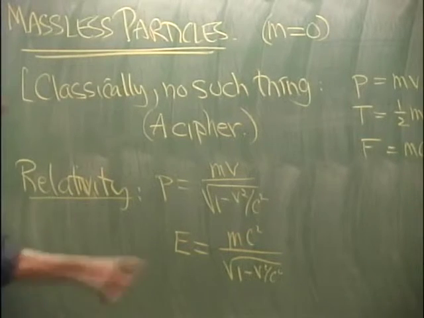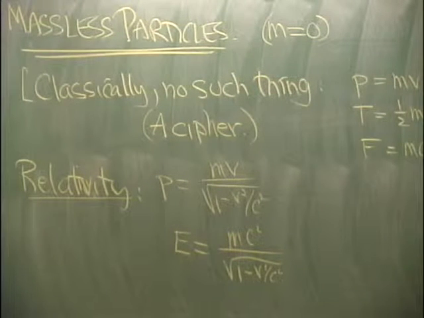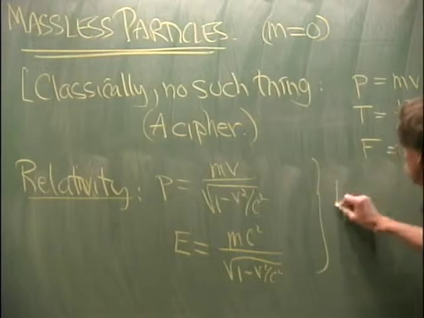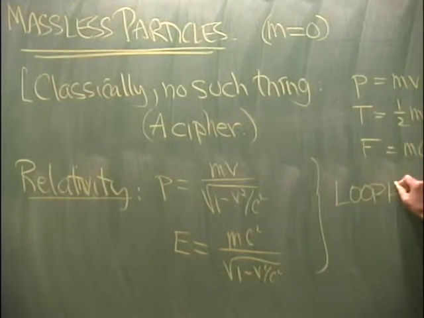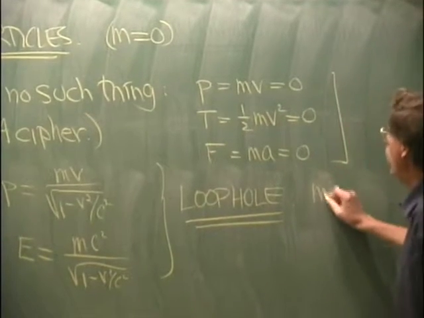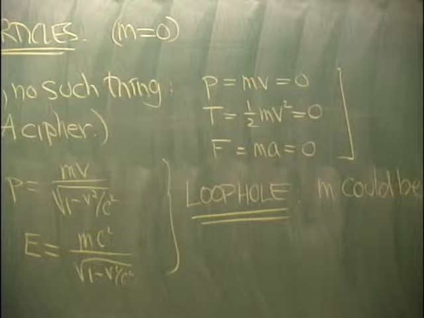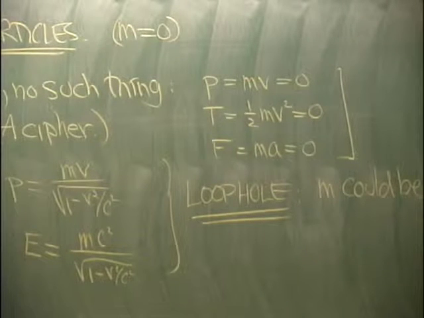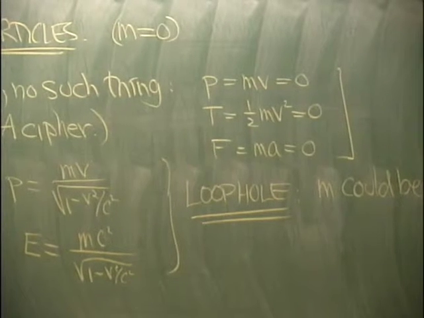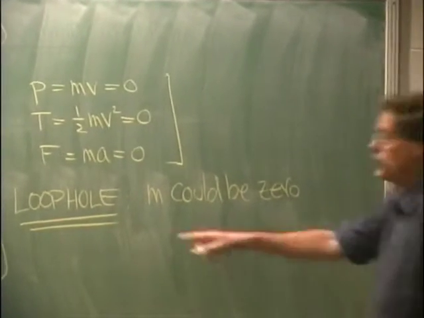Well, it looks like it because of the numerator, but closer inspection reveals a loophole. You see it? m could be 0, and yet the energy and momentum might be non-zero, provided that the denominator is also 0.